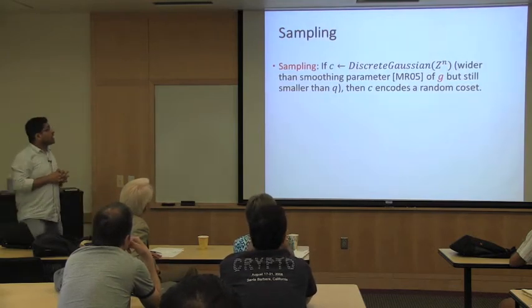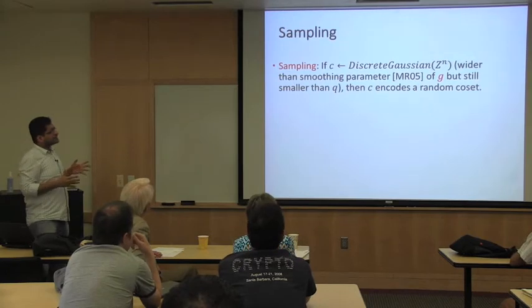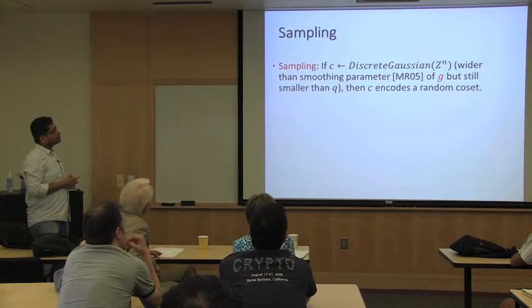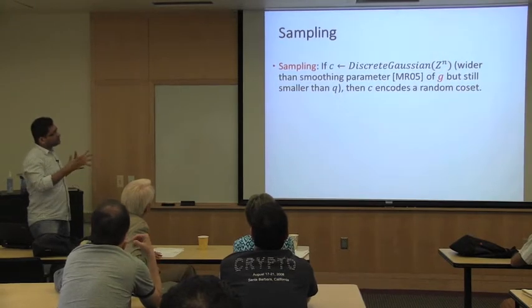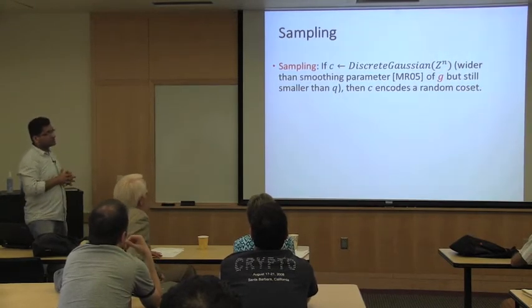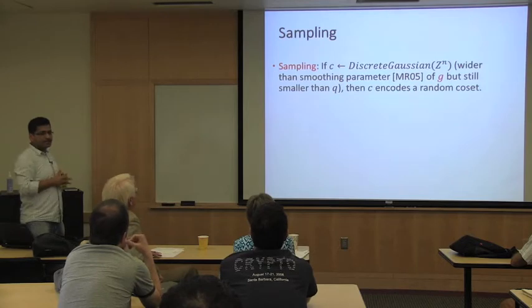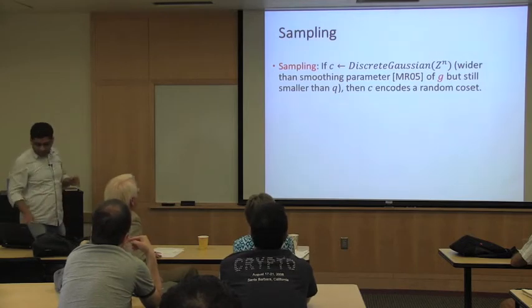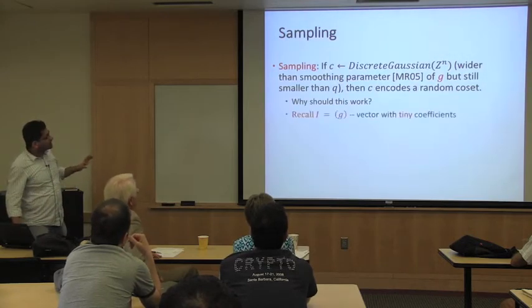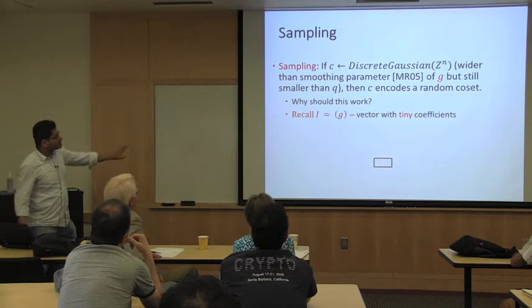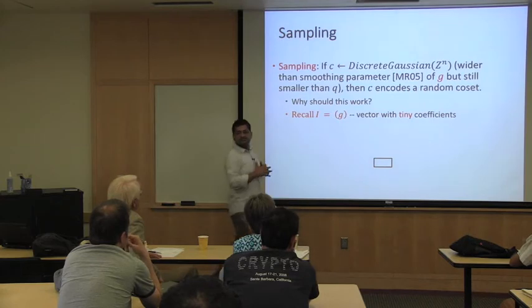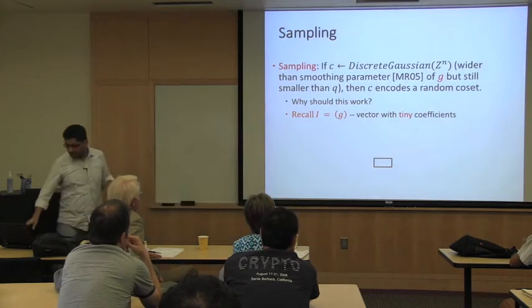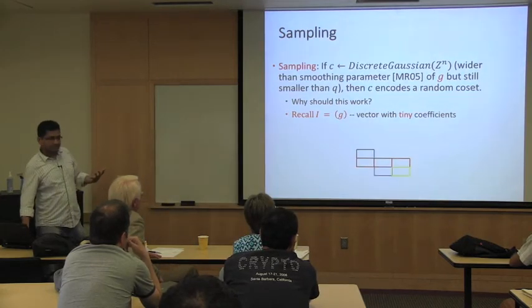Okay. So how is sampling going to work? The idea is that G itself is small, so if you sample something from a wide enough region, defined by something wider than the smoothing parameter of the ideal I, then you will get something random. Think of this box as the lattice corresponding to this ideal I, and it tessellates the space.